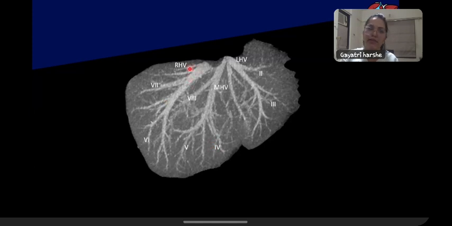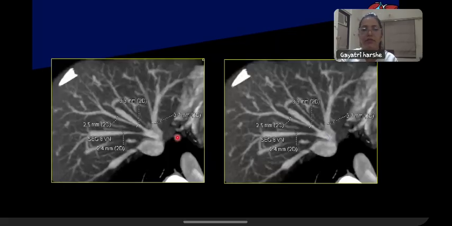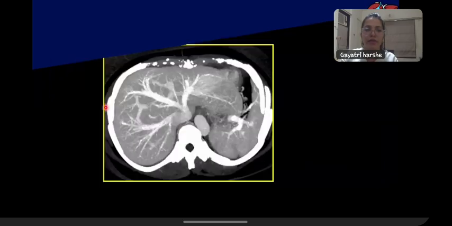The right hepatic vein is formed by multiple veins, tributaries, that is segment 7 tributaries, segment 6 tributary, and a few segment 5 tributaries. What we need to know is the diameter of the vessel at the ostia, then the segmental veins, as I said, segment 8 and 5 in case of right lobe of liver.